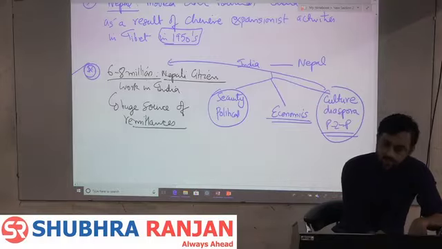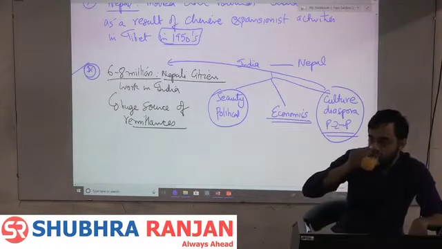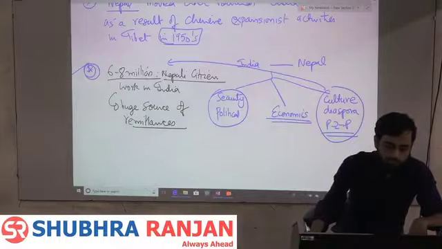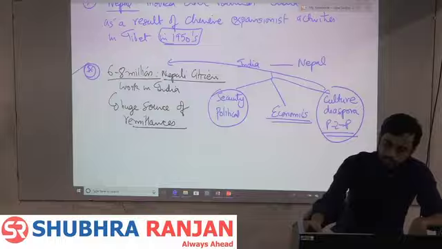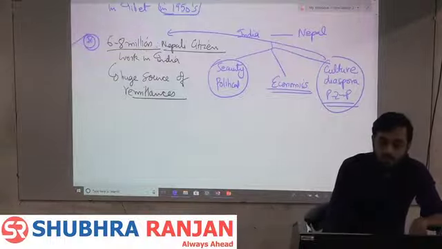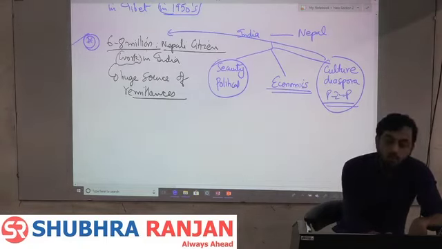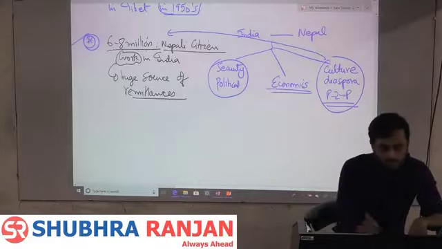Just like for India, it comes from the Gulf or from USA, right? That remittances is one thing. So Nepal finds a huge source of remittances or employment in India.